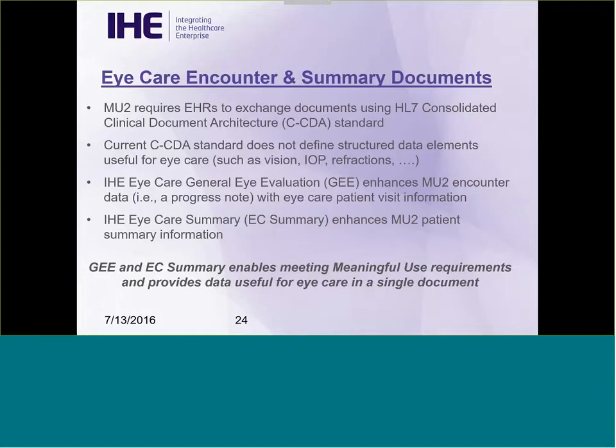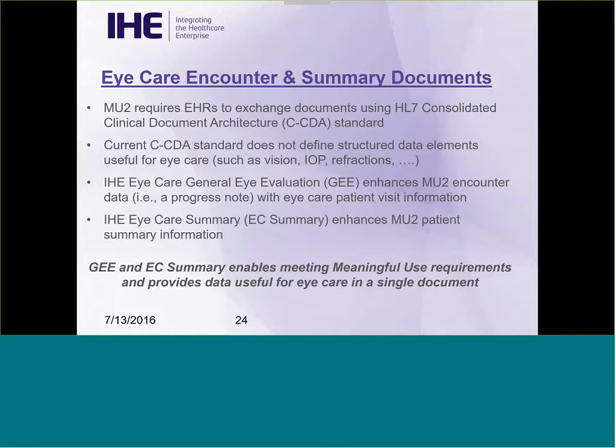And to do that, we basically created what we call encounter documents and summary documents. And these documents are based on the same specification as MU2, so they're based on the HL7 CDA, consolidated CDA. And so what we did is we took their required documents and we expanded them with eye care data. The two key names that you need to learn to accomplish that are IHE Eye Care General Eye Evaluation, or GEE.